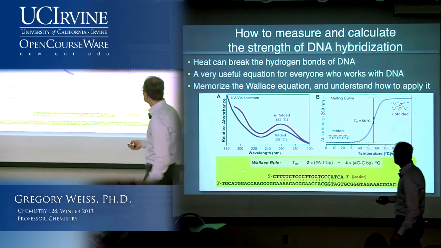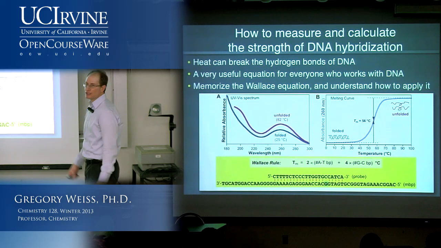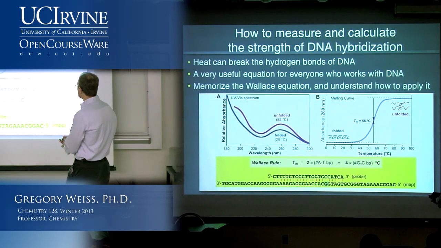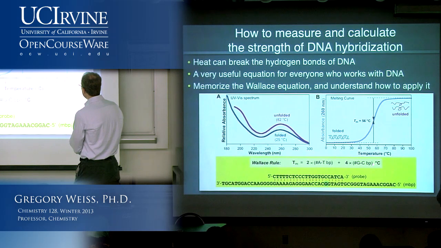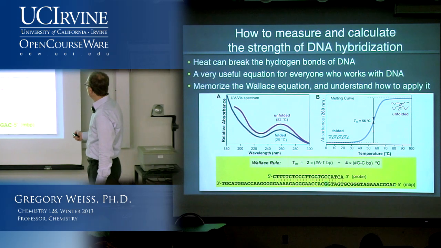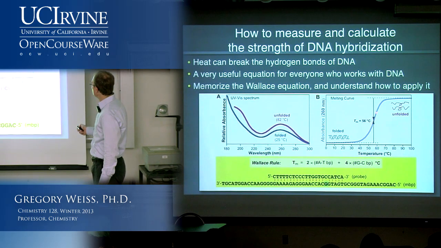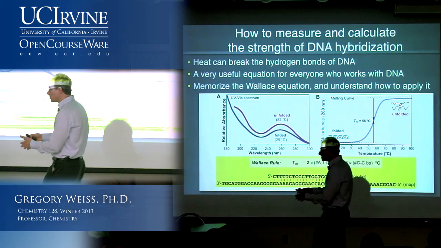This rule is called the Wallace rule, and I'd like you to memorize it. The Wallace rule tells us that the approximate melting temperature for a DNA sequence is equal to 2 times the number of AT base pairs plus 4 times the number of GC base pairs, in degrees C. This melting temperature is where 50% of the DNA is no longer forming a double-stranded structure.